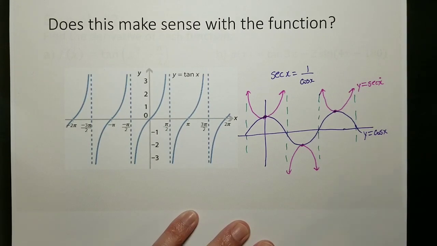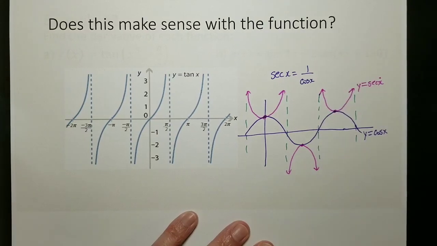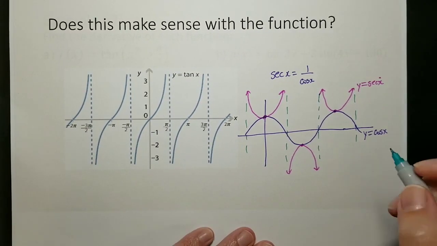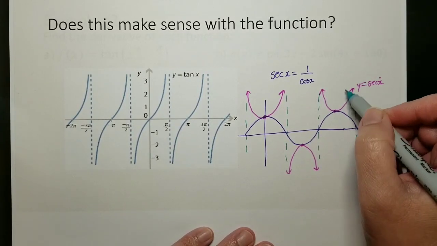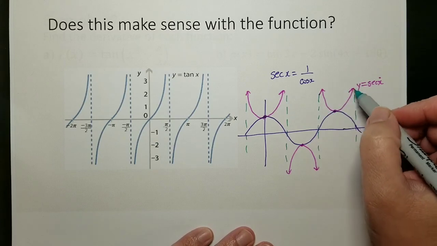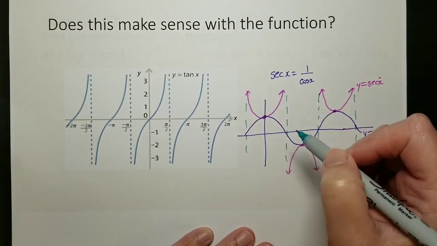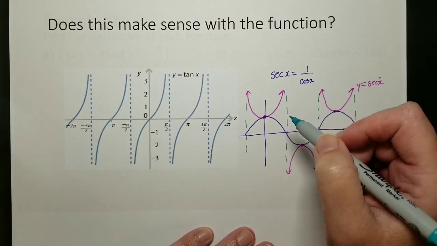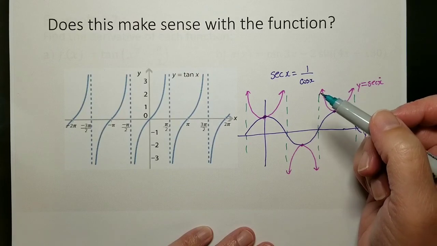Now, what would happen if you had secant squared? I'm going to find a different color here. If I had secant squared, these look kind of parabolic, right? They're kind of opening up parabolas. And if we squared a parabola, that's a quartic, x to the 4th, which is still kind of the same shape, but a little bit steeper.